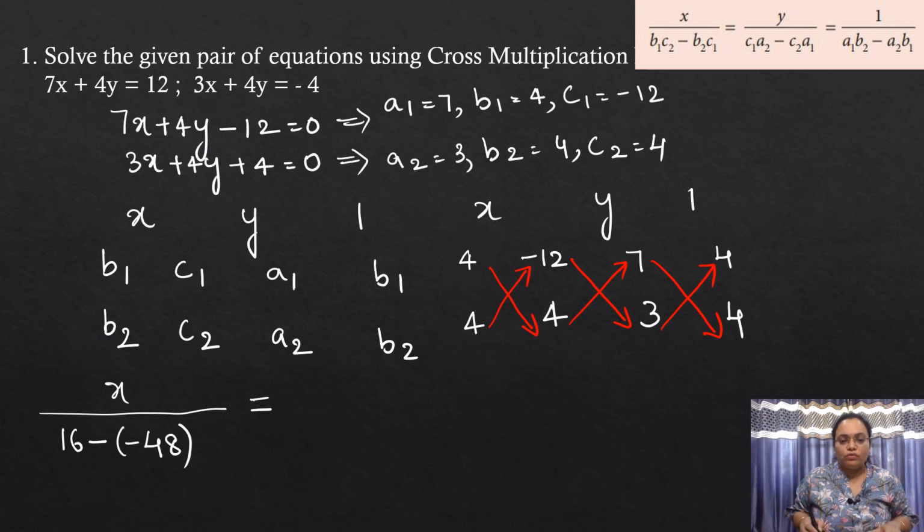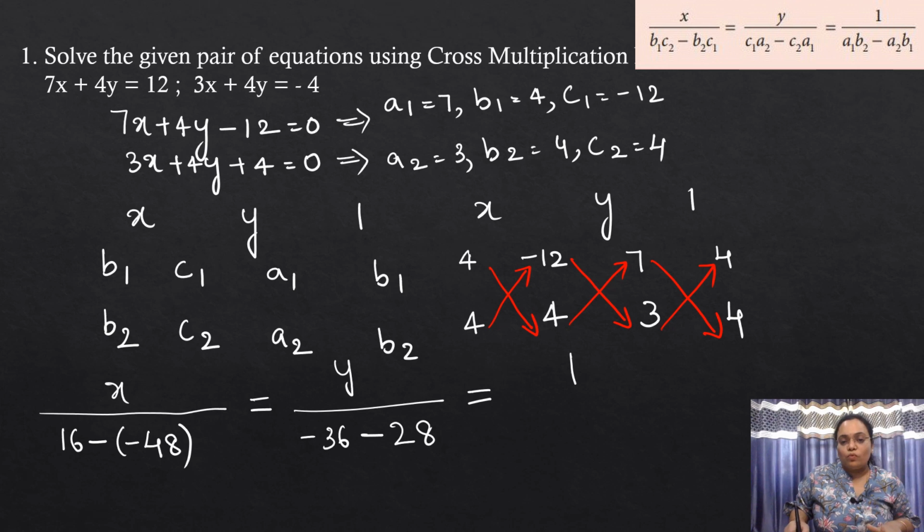Then we'll solve for y. y divided by minus 12 into 3 is minus 36, minus 7 4s are 28, is equal to 1 divided by 7 4s are 28 minus 4 3s are 12. So you get 28 minus 12.